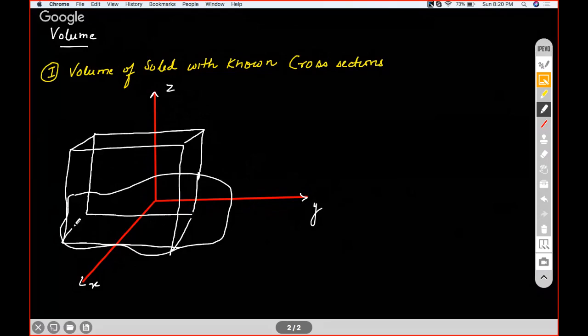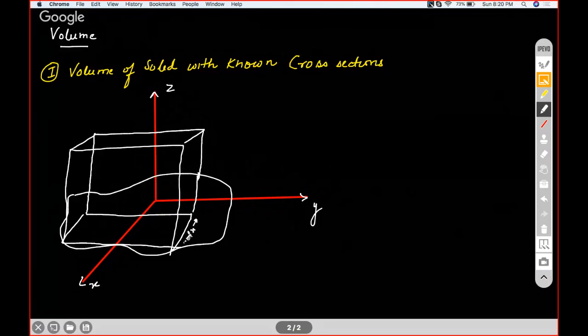So this cross-section area is known to us, and let's say I take a small thickness dx. This is your small thickness dx.